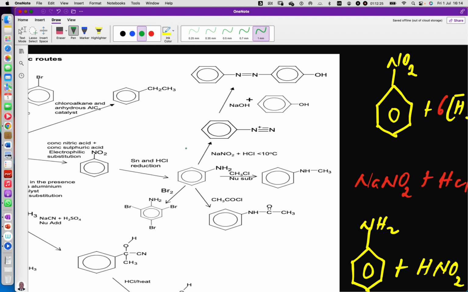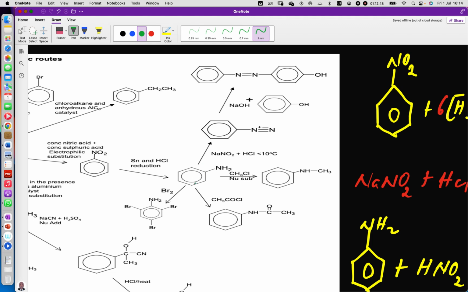Therefore, the incoming group, like the bromine, will substitute hydrogen at the 2nd, the 4th, and the 6th position, giving us 2,4,6 tribromophenylamine. Now this is just the substitution of the hydrogen there.